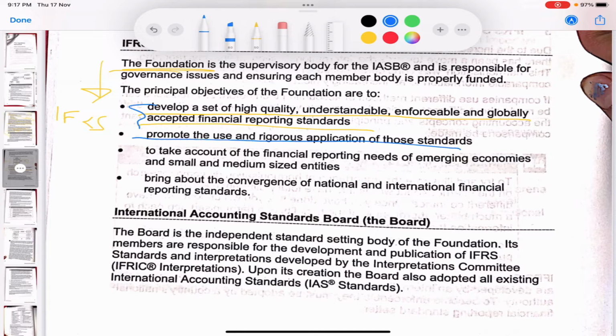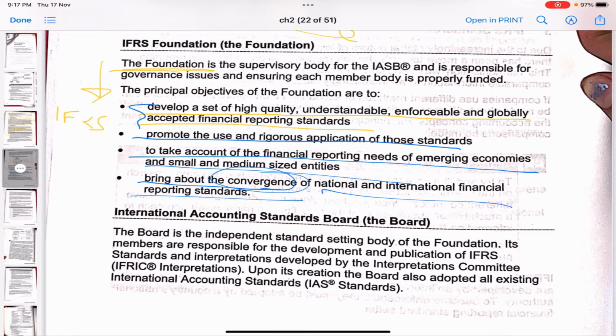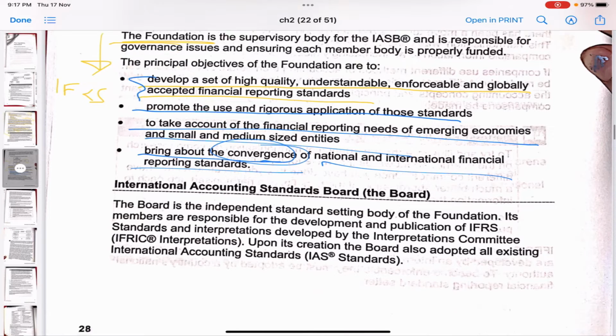Promote the use of rigorous application to take account of financial reporting needs of emerging economies and small and medium-sized entities. Bring about the convergence of national and international financial reporting standards. So these are the objectives of the IFRS Foundation, and we don't need to discuss it further because it is easy and we have also done it in business and technology.